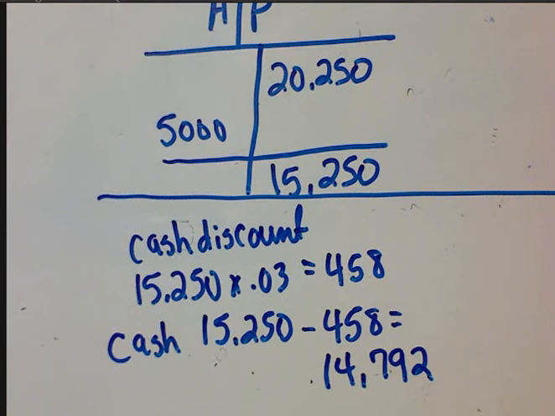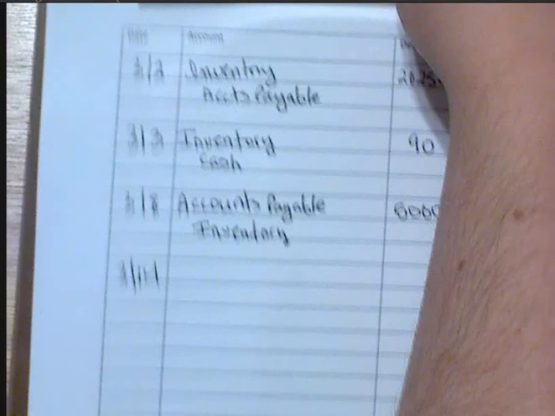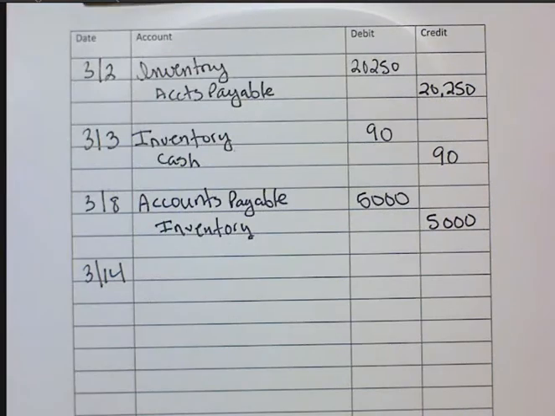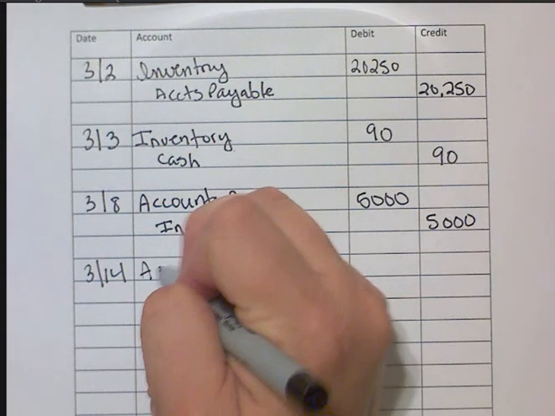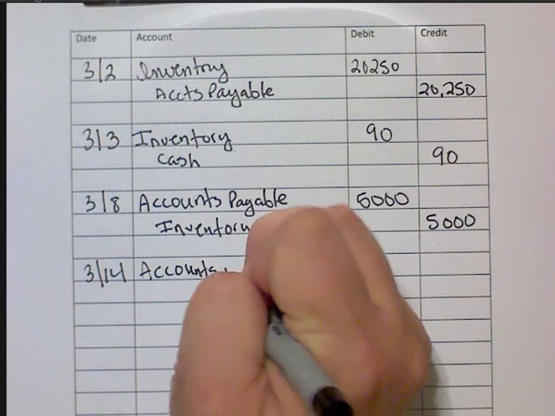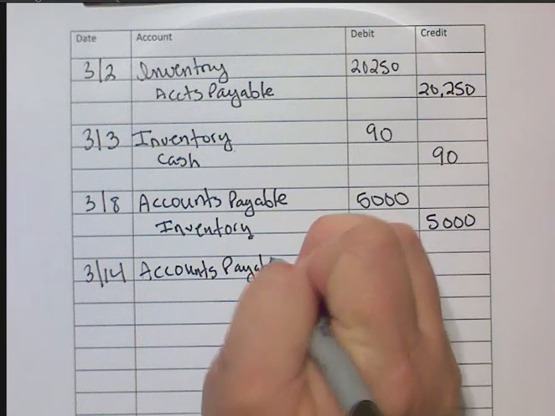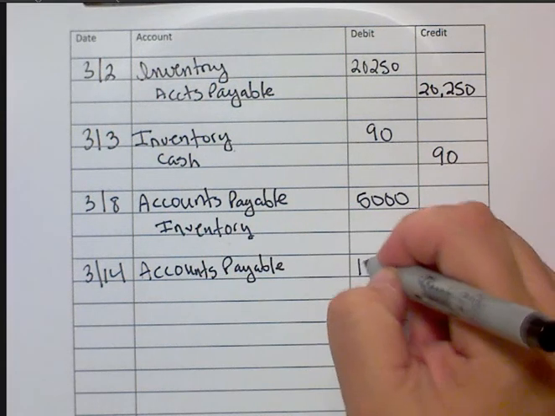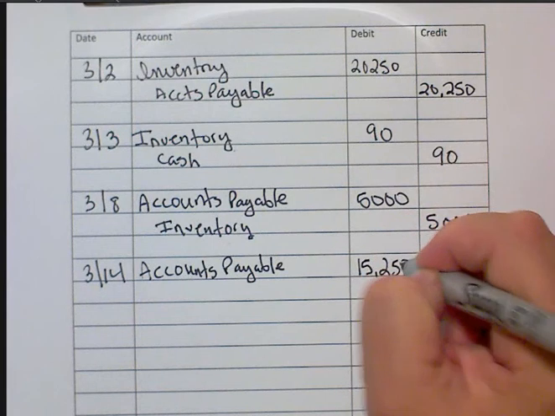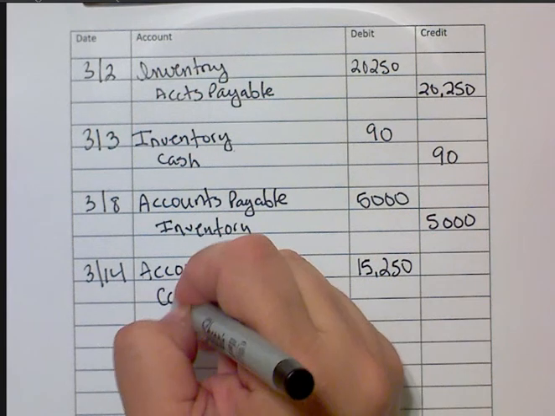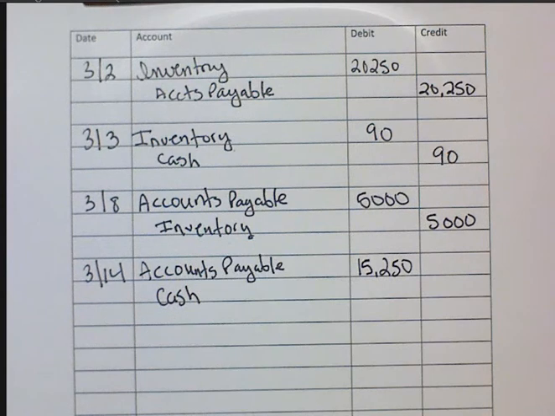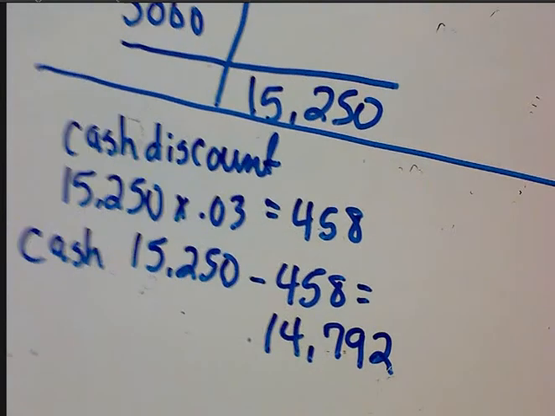So let's return to our journal transactions. Here we are. We're going to debit accounts payable for the $15,250. We're going to credit cash for the amount of cash we're actually going to pay, and that was the $14,792 that we just calculated.